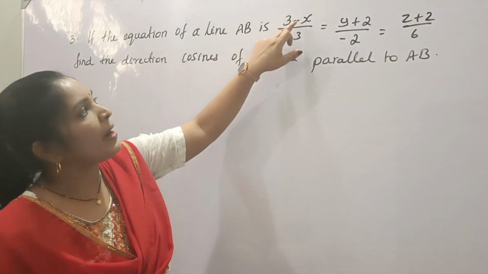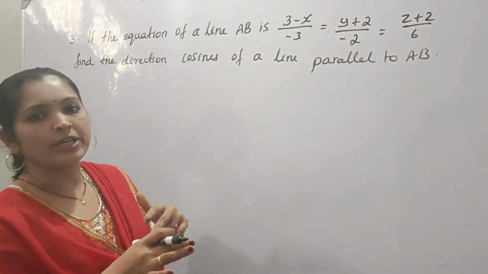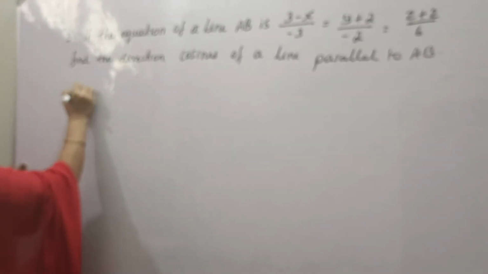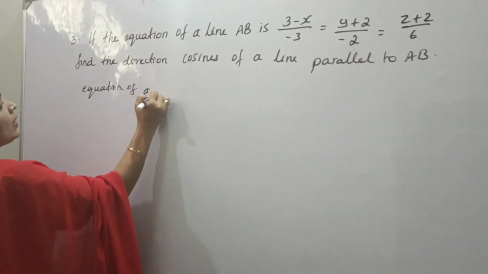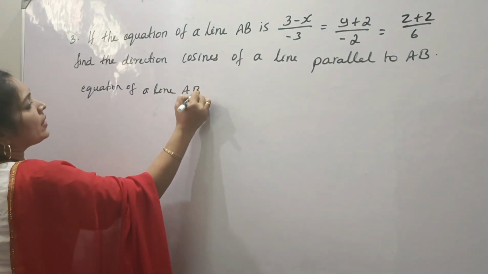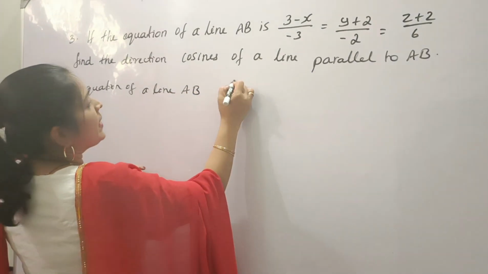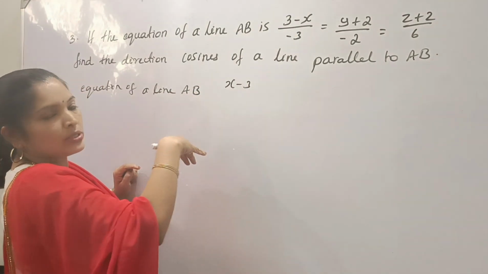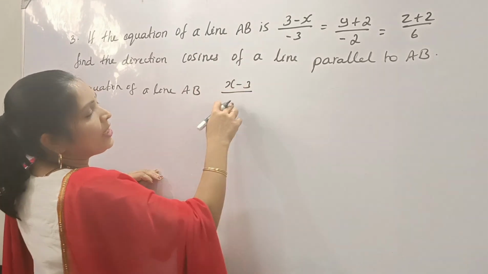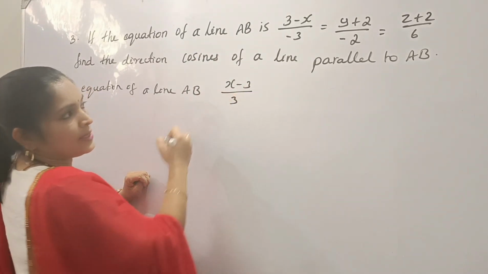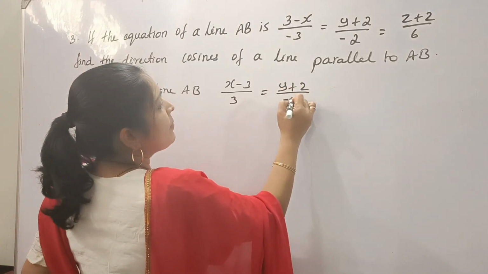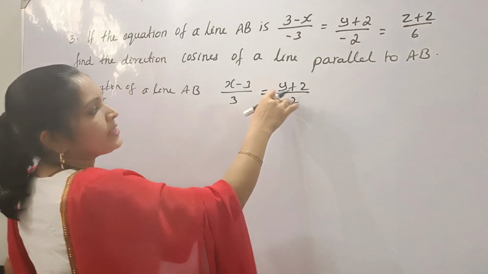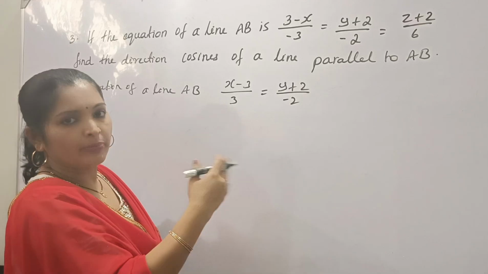Here it is 3 minus x, so we have to change it. So the equation of line AB is x minus 3, taking minus outside, x minus 3 divided by minus into minus 3 plus 3. That is equal to y plus 2 divided by minus 2. No need to change here because it is in the form y minus y1.